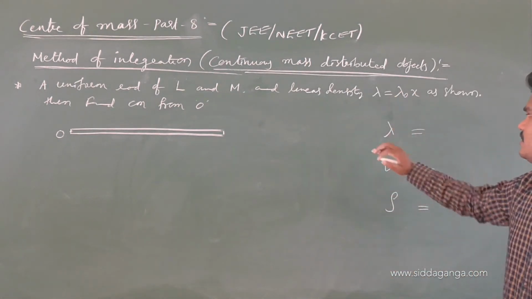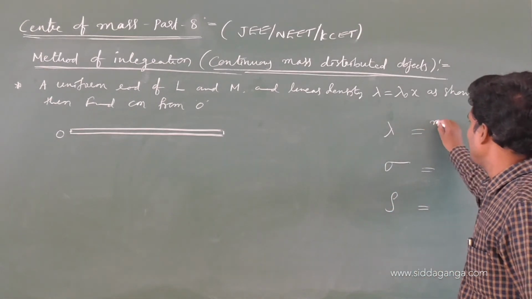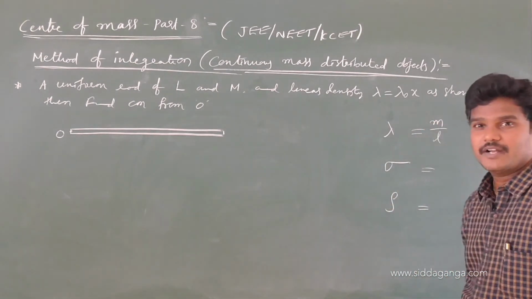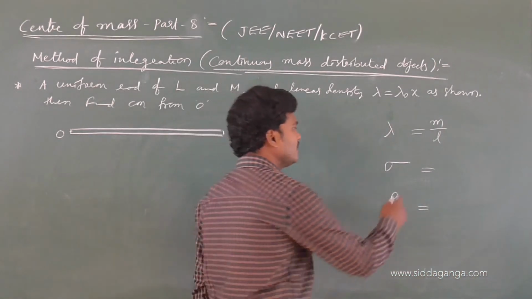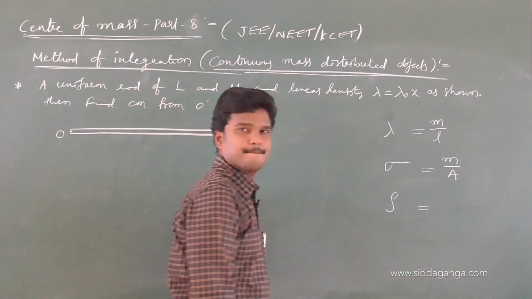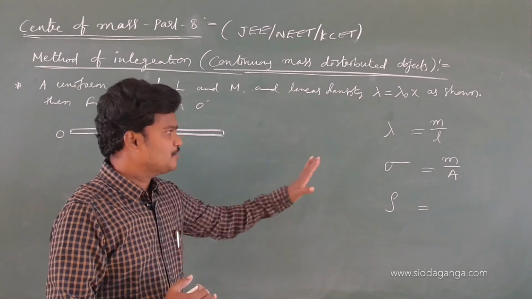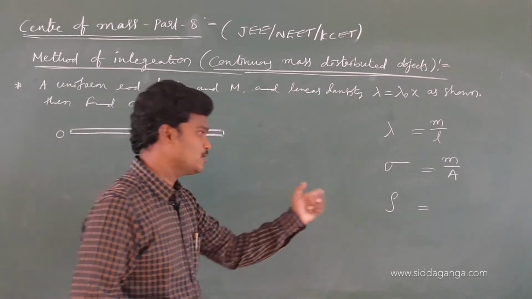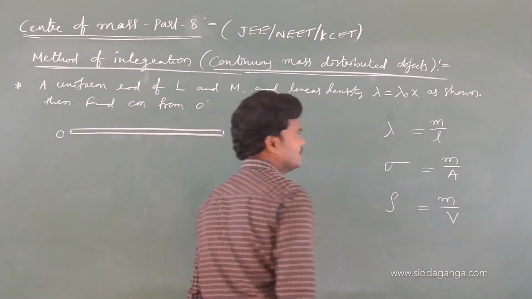Lambda is linear density, nothing but mass per unit length. Sigma is areal density, mass per unit area. Rho is the volume density, mass per unit volume.